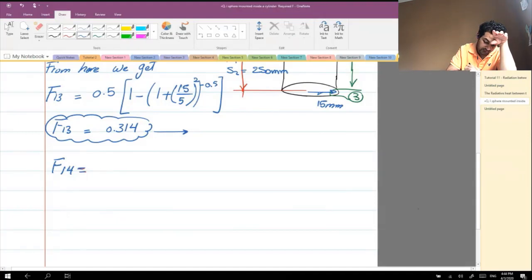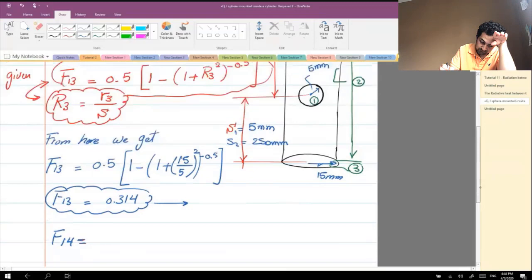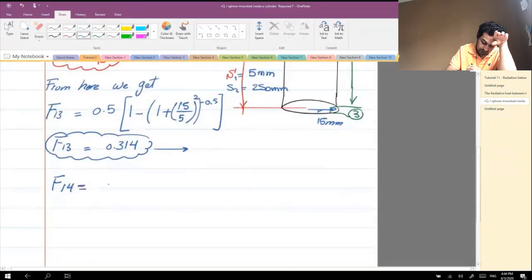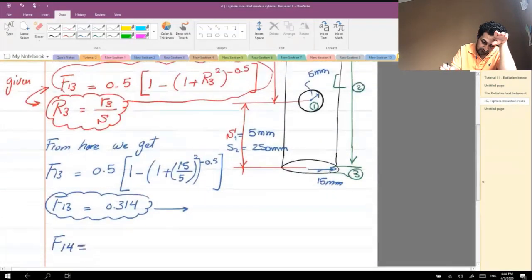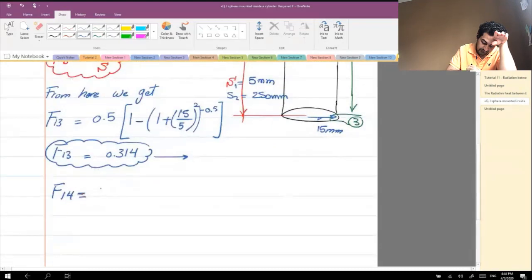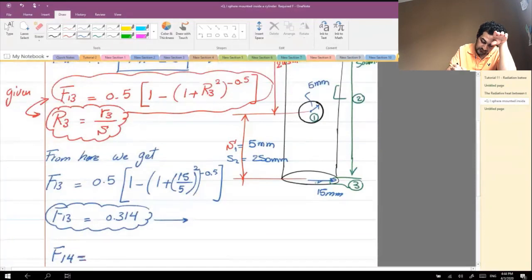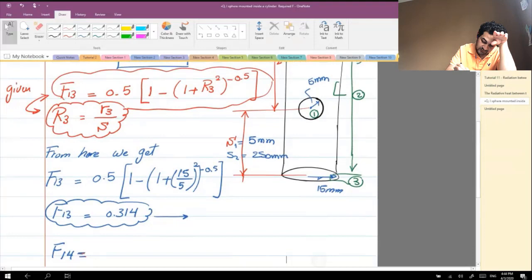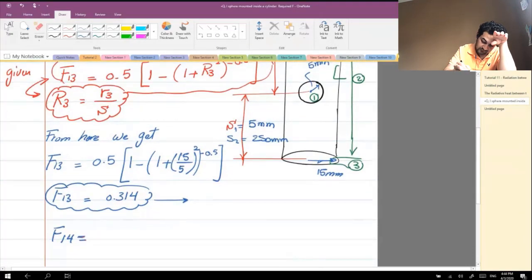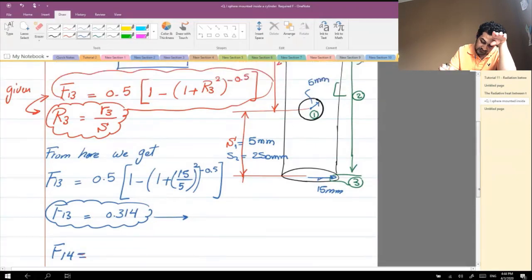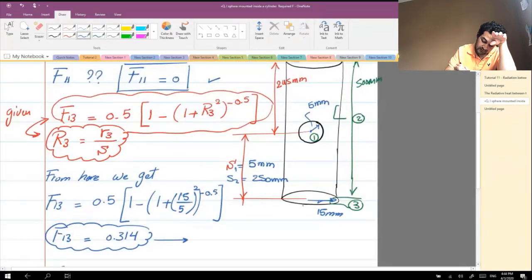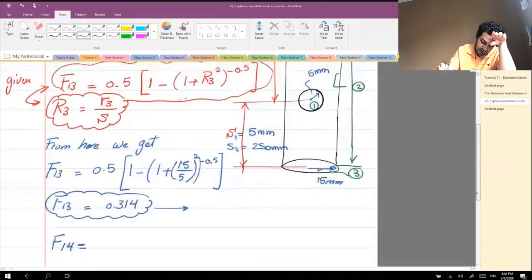So this is going to be the same case as from 1 to 3. From 1 to 3 is not a common configuration, right? So we don't have a common configuration when heat is transferred from a sphere to a disk or something like that. So supposedly he might give you the value directly, or he might give you something like that to be used in the exam, right?